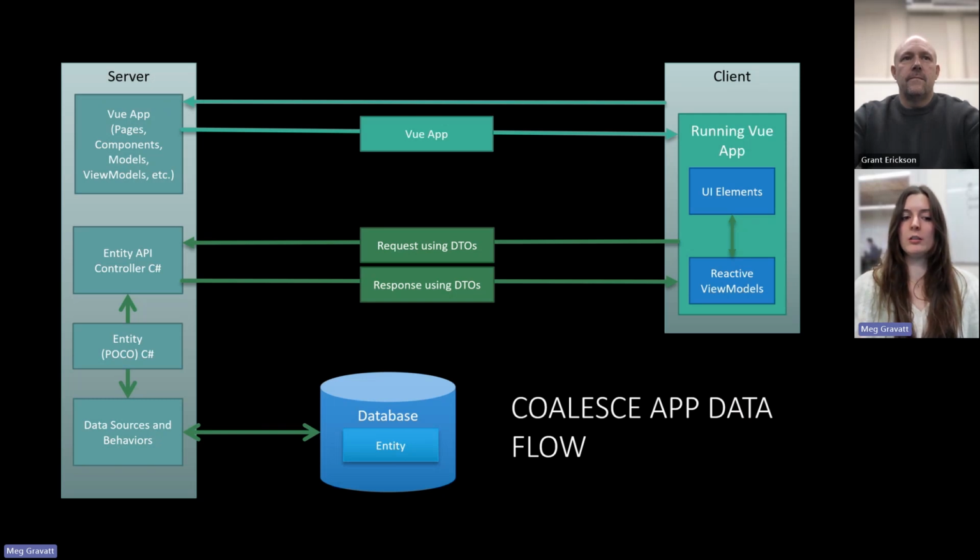So when you make that call to one of those CRUD endpoints, it goes to that controller, and then it goes to the stuff in your data project that you've defined, and it calls that entity, that POCO, and it checks if you have any custom logic on there, and then it falls through to the default data sources and behaviors if you've called base on those, if you haven't overridden, or if you've called the base behaviors, and then it grabs that information from the database, goes back up, and then goes back over to the client.